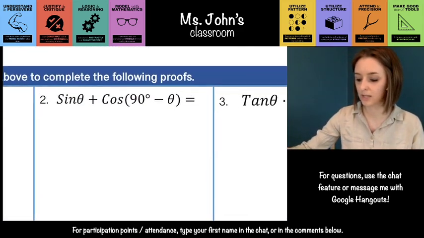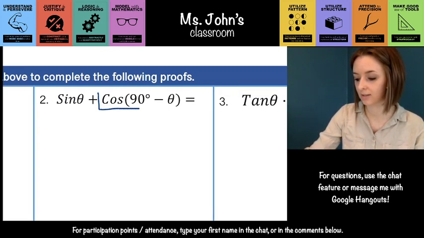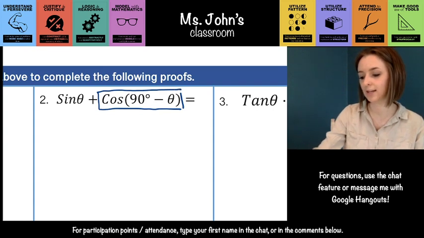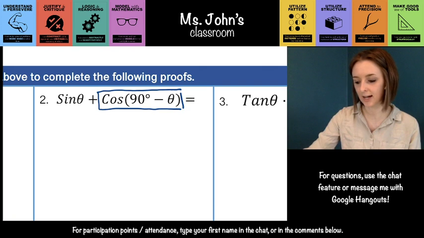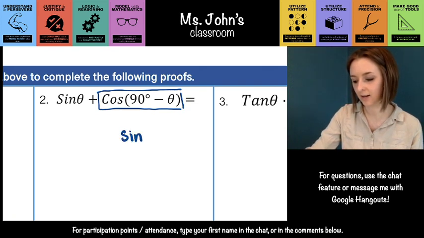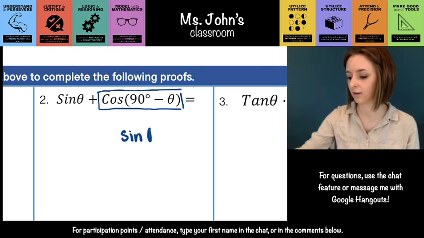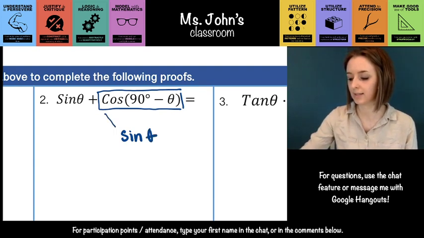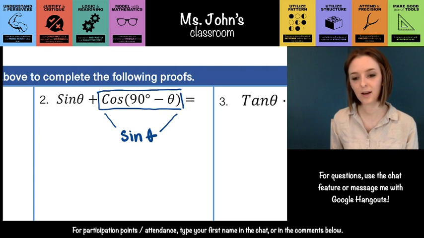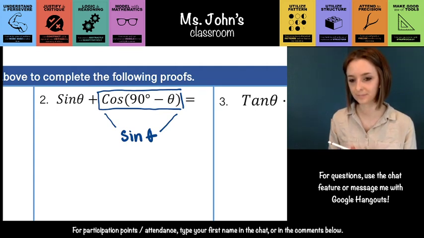So this piece of our equation right here, I just want to replace cosine of 90 minus theta. I know because of my identity that it is the same thing as sine of theta. I just replaced cosine of 90 minus theta with sine of theta.